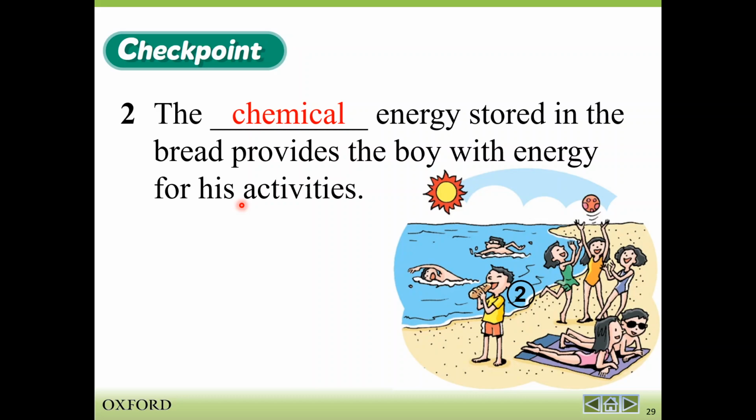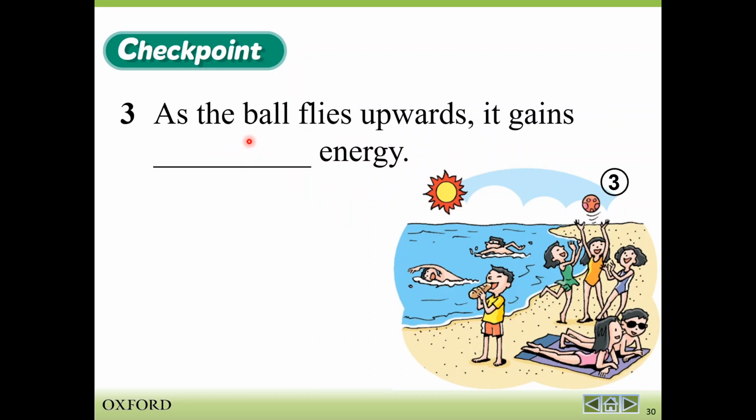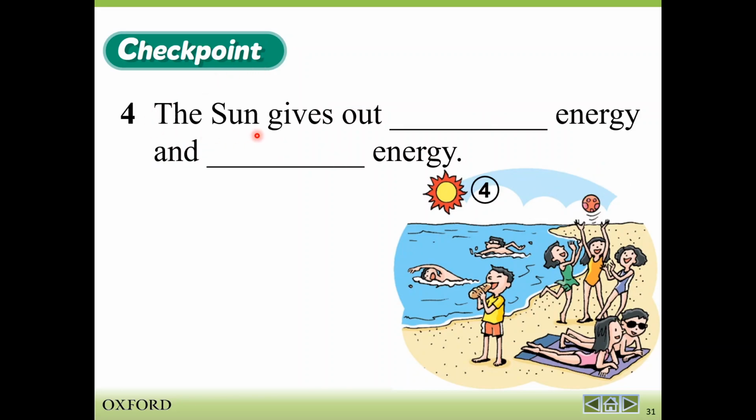Chemical energy. As the ball flies upward, remember, the higher the ball goes, what kind of energy does it gain? Higher potential energy. And the sun gives out light energy and thermal energy. This is a very common example for this kind of topic.